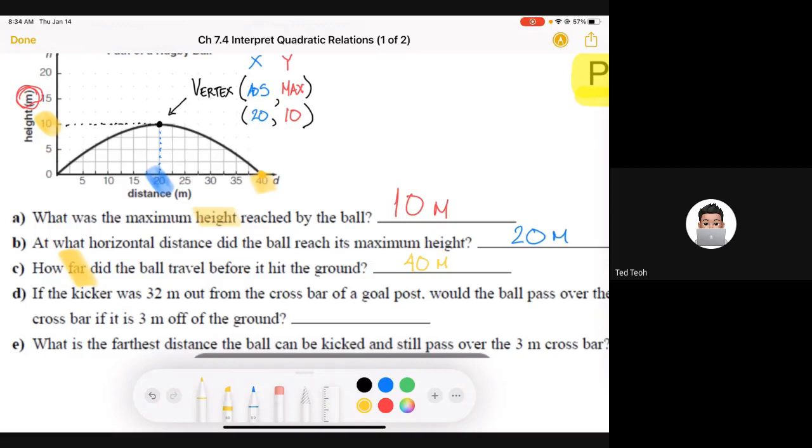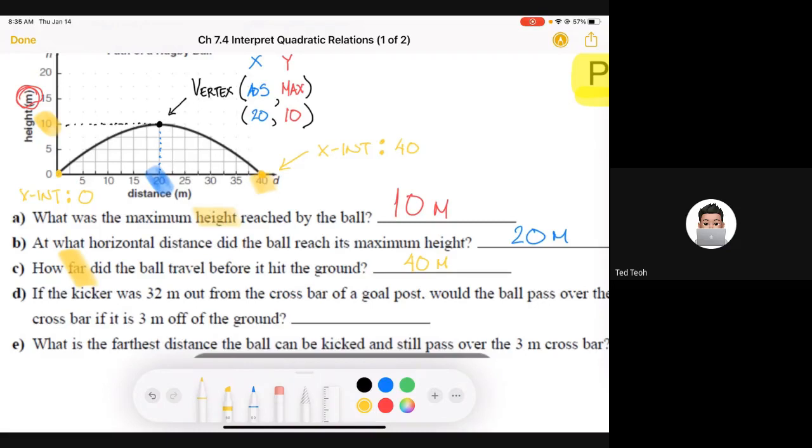This point here is called the x-intercept. When we did yesterday's work, there were usually two x-intercepts. The other one is down here at the beginning. That one is 0. Please write down what I'm writing in your workbook. It helps you figure out what's what.